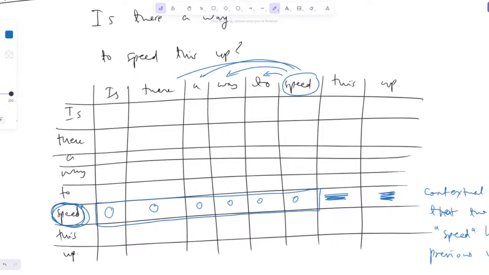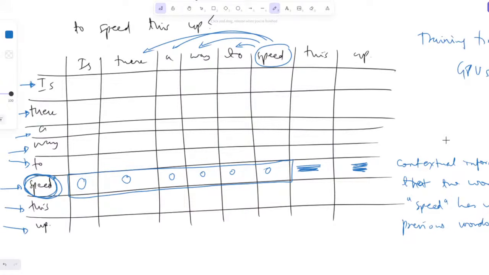Okay, why am I doing this? Let me take this row and multiply for it. Then we are trying to predict the next word. In the attention matrix we were earlier filling in all n cross n values.